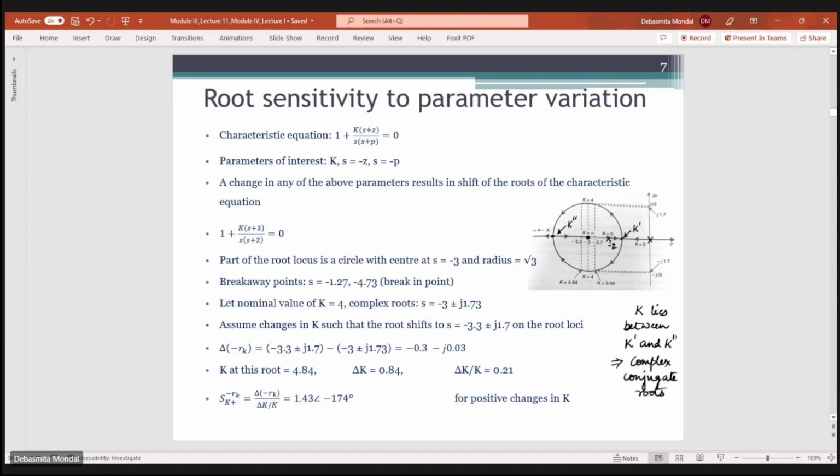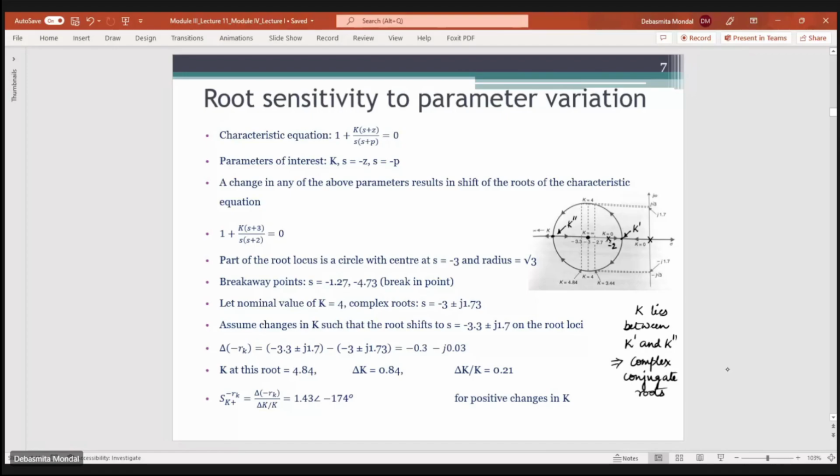Now let's assume there are certain changes in the value of k, for some reason, such that this complex root also shifts. The new value of the root is, let's say, s equals minus 3.3 plus minus j 1.7.